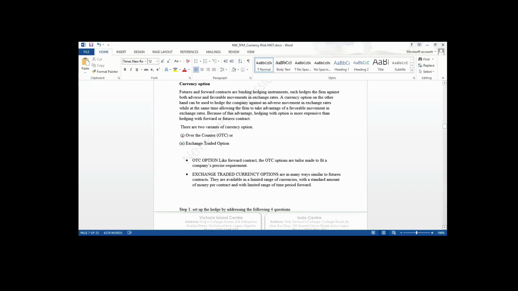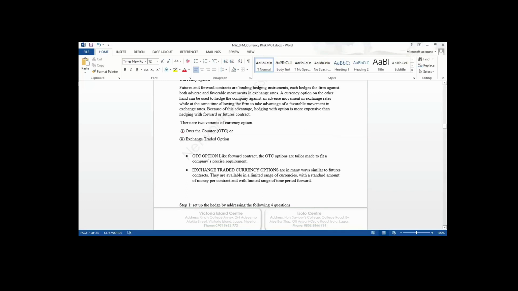They are available only in a limited range of foreign currencies, the 7 currencies, with a standard amount of money per contract, and with a limited range of time periods. But remember, it's an option, not an obligation.